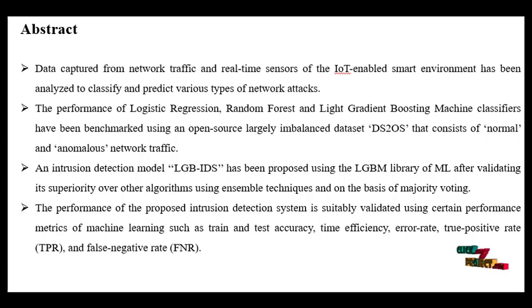The dataset used in this project is DS20S from a dataset repository like Kaggle. The performance of the proposed intrusion detection system is validated using machine learning metrics such as train and test accuracy, time efficiency, error rate, true positive rate and false negative rate.